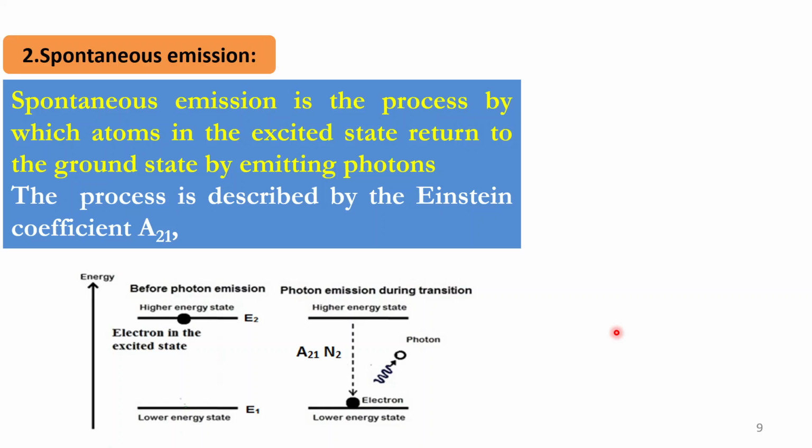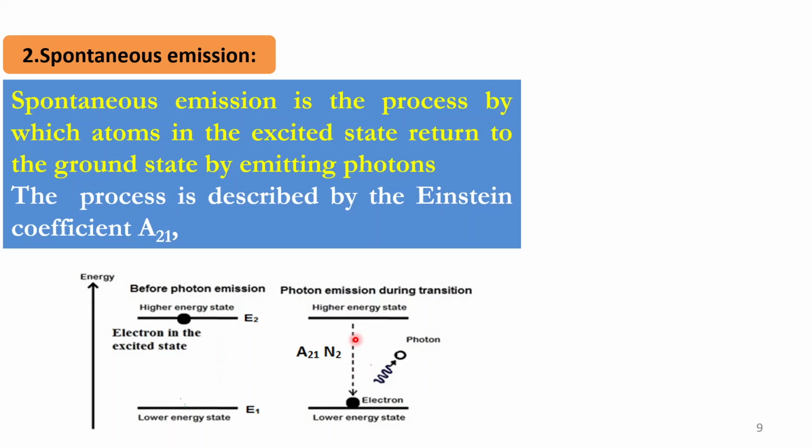Now this process is described by the Einstein coefficient, which is known as A21. So now in this figure we can see the situation before the photon emission, and the photon emission during this transition.